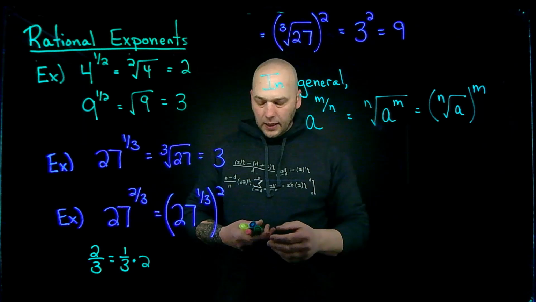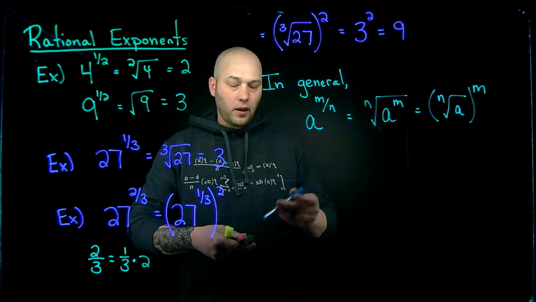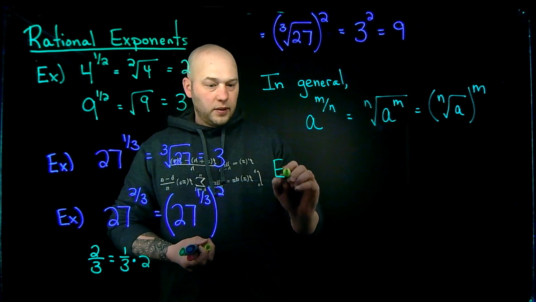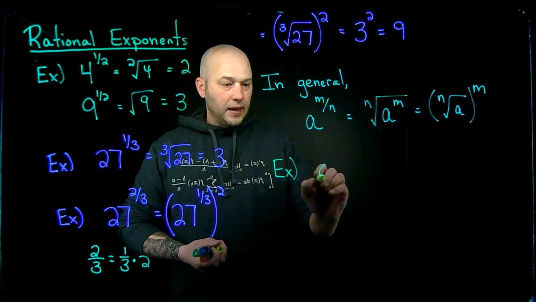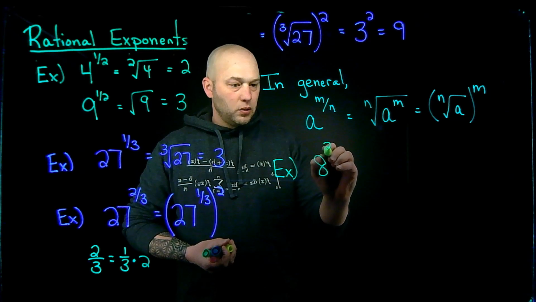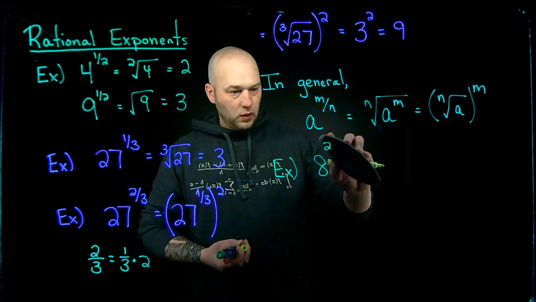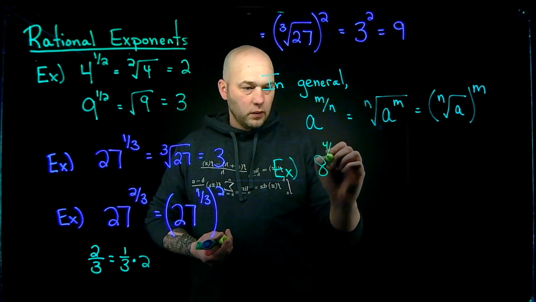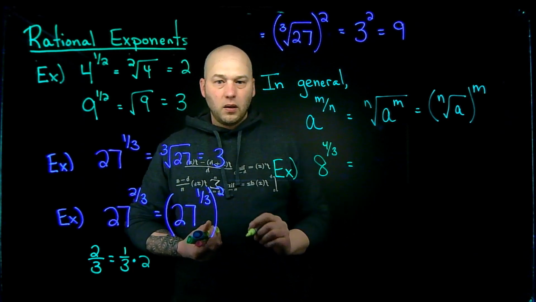So let's go ahead and illustrate that with another example. Let's say I wanted to evaluate 8 to the, we're going to do an exponent of 2/3. Let's just do 4. Let's do 4/3. Okay, so 8 to the 4/3.